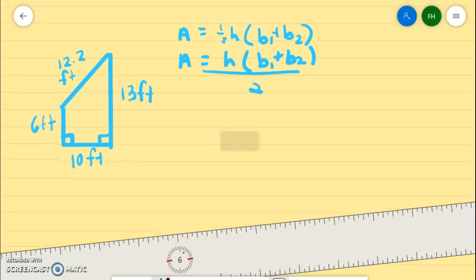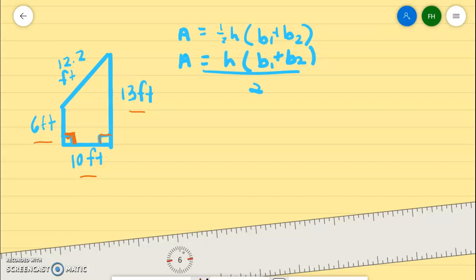Okay, so with this one, it's a little tricky. Really, if you can figure out these are your 3 magical numbers to get started, your bases are directly across from each other. Here are your right angles.